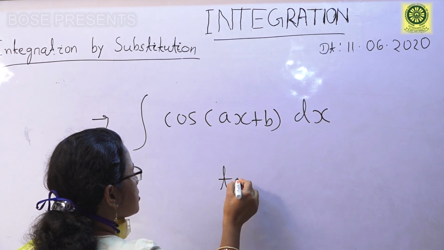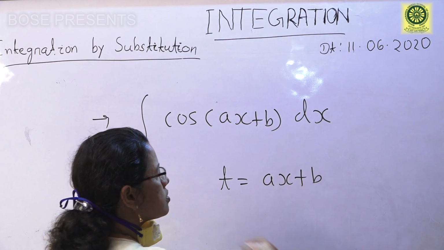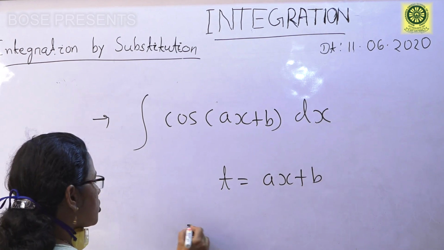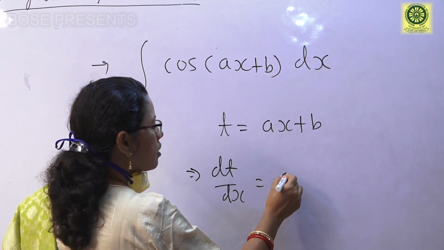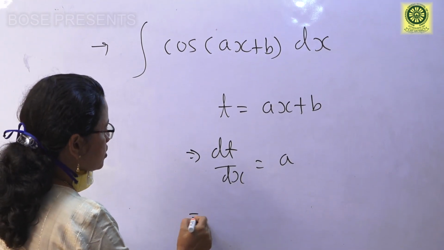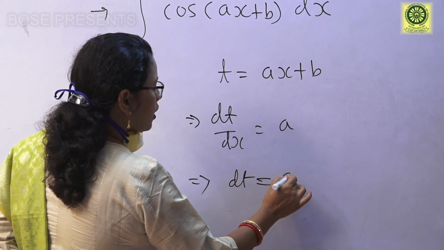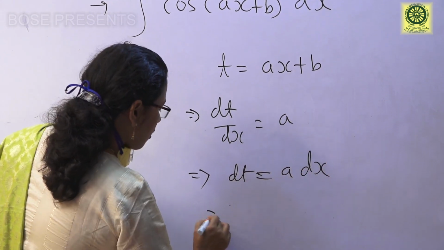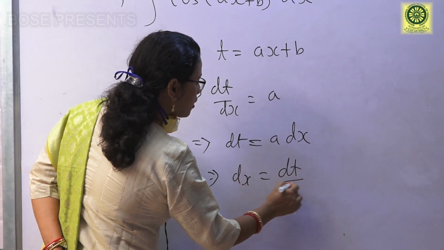For this, just substitute t in place of ax plus b. Then differentiate both sides with respect to x. dt by dx is a. That implies dt is equal to a dx, or dx is equal to dt by a.